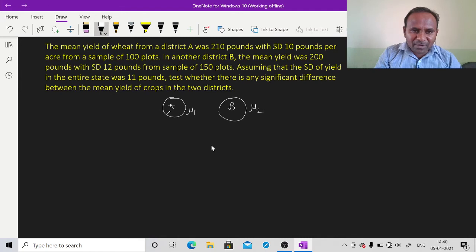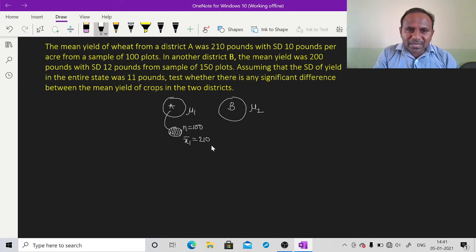So a sample of 100 plots has been collected from district A, and the sample size is 100. The sample mean, x1 bar, is 210 pounds, and the sample standard deviation, S1, is also given as 10 pounds. So this is the sample data from district A.